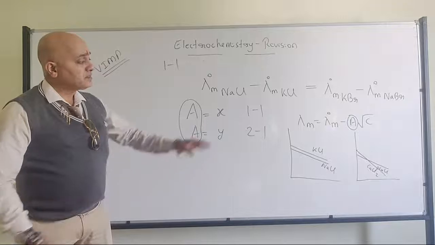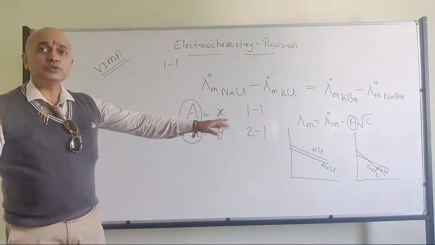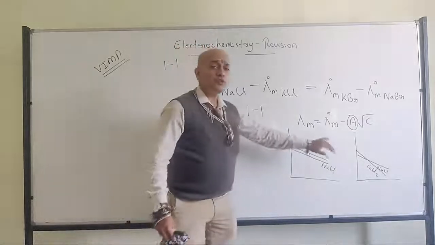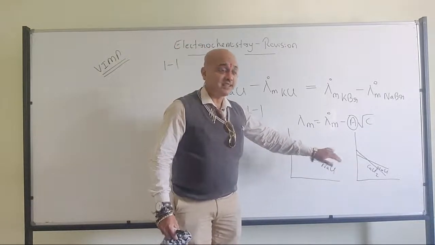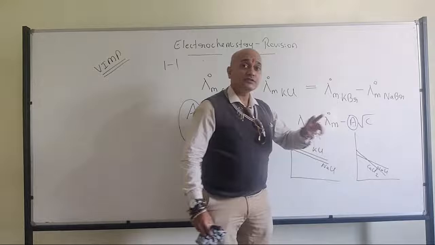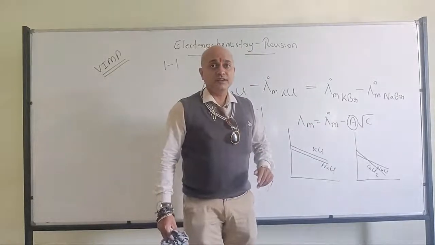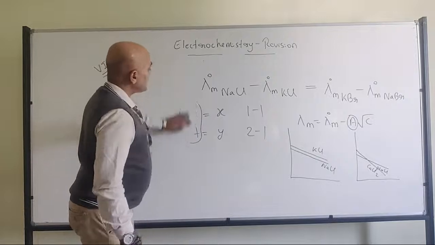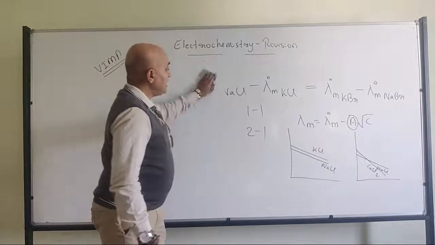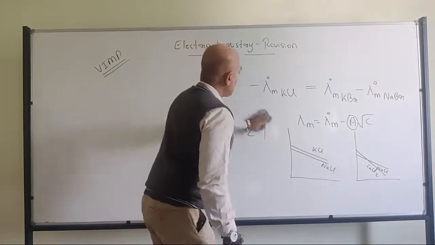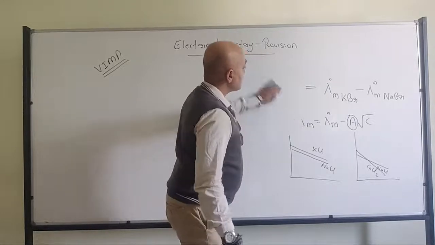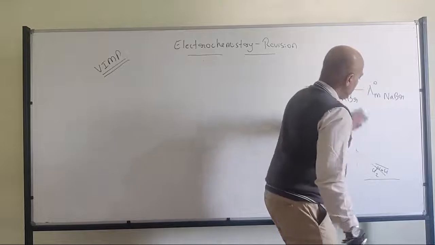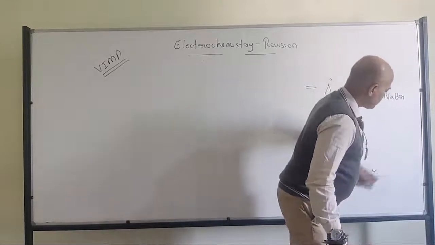What I mean to tell you is, for a 2-to-1 type of salt, that is calcium chloride, and a 1-to-1 type of salt, that is NaCl, definitely the slope value is going to change. That's why we have the application of Kohlrausch's law, and that's why his observation. All of you have understood?